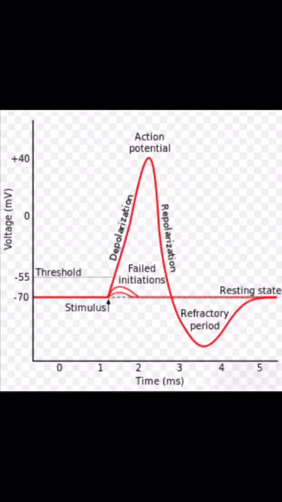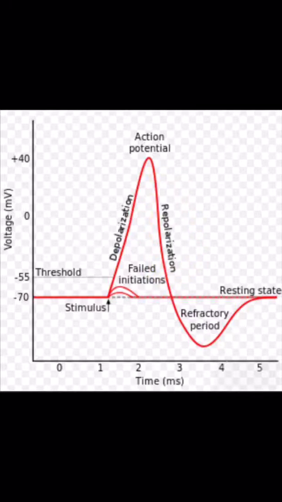At the peak of the action potential, sodium ion channels begin to close. It takes a while for potassium channels to open, but when they do, potassium rushes out of the cell, reversing the depolarization. This stage is called repolarization.